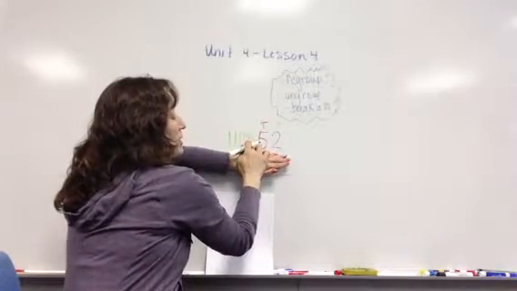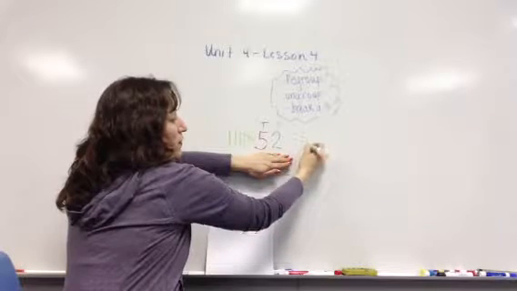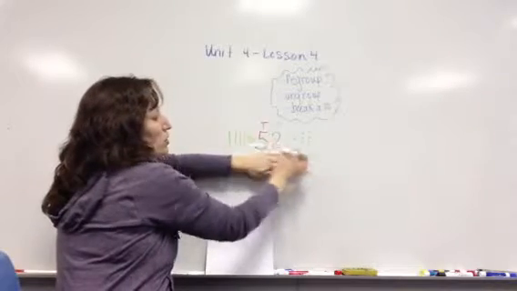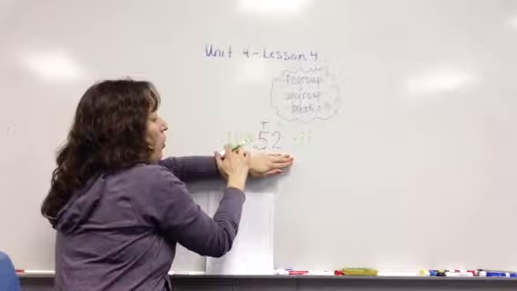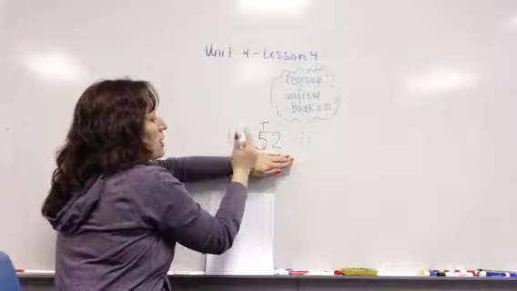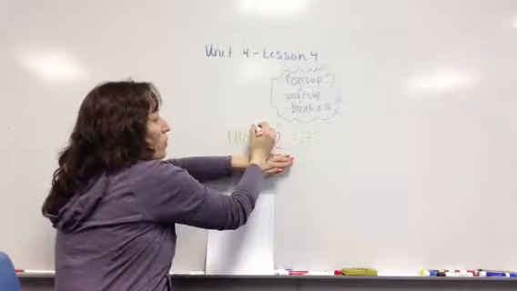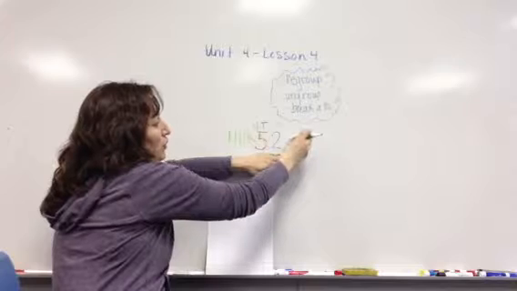So one of these is the same as or equal to 3, 4, 5, 6, 7, 8, 9, 10 ones. So now I'm changing this from 5 whole tens, because I took this one away, down to 4 tens. But when I took that 10, I put it over here.